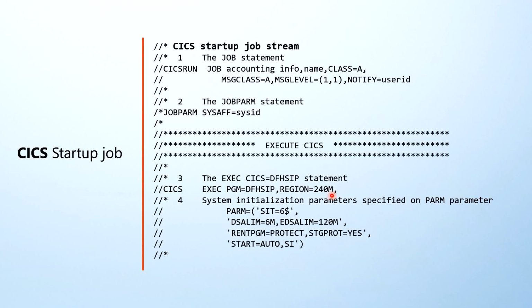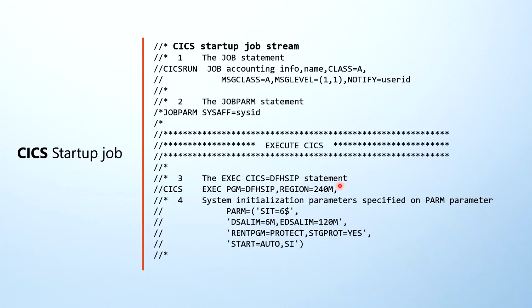Like if you choose REGION=0M, it can have a bigger impact, corrupting the storage or affecting other subsystems as well. So if you can fine tune your region usage to a particular value, that's well and good. Here they have chosen 240M for their usage. So your EDSA, DSA, everything will be within this range.